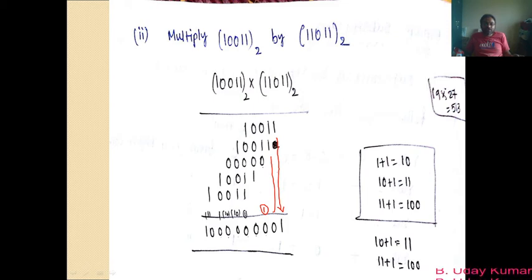Now coming to the third column, we have 1 and another 1. 1 plus 1 will be again 10, so 1 goes to the higher order column, which acts as carry, and 0 comes down here. Now in the fourth column, you have again 1 plus 1, which is again 10. So 1 is already written over here, and 0 comes right below the fourth column.